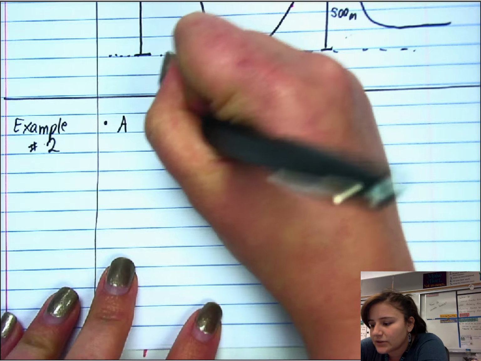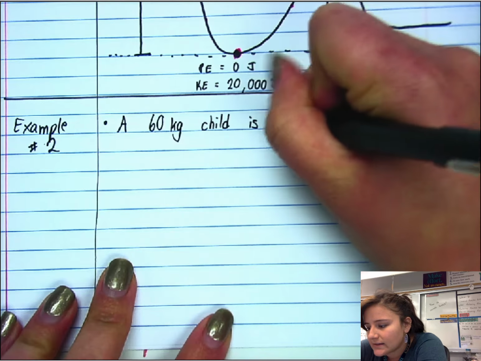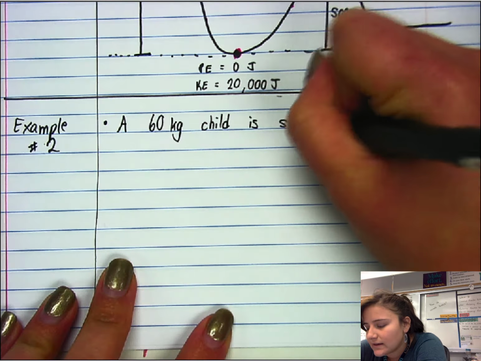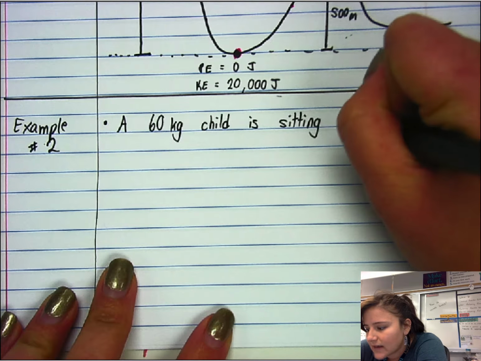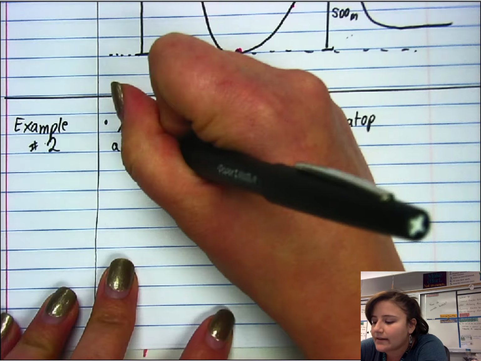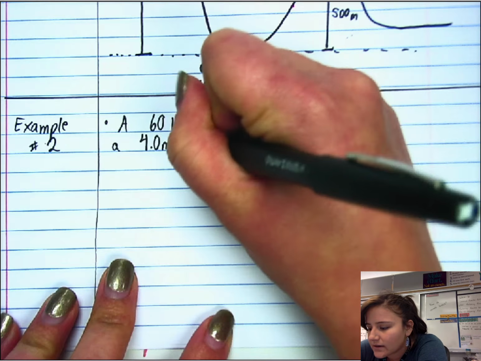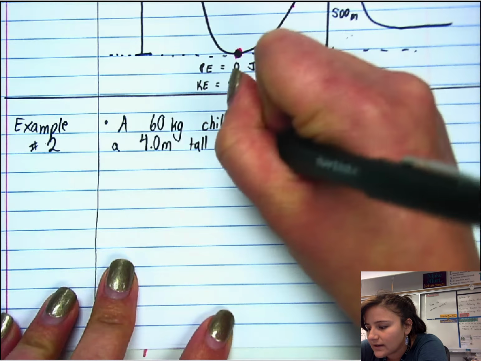A 60-kilogram child is sitting atop, let's say it's a small slide, a 4-meter tall slide.